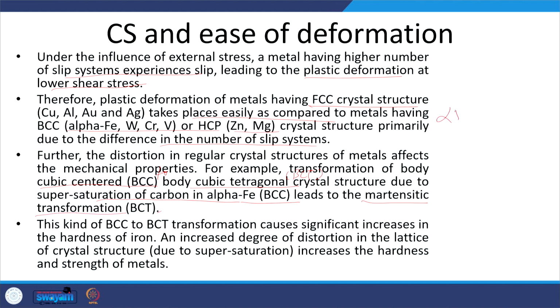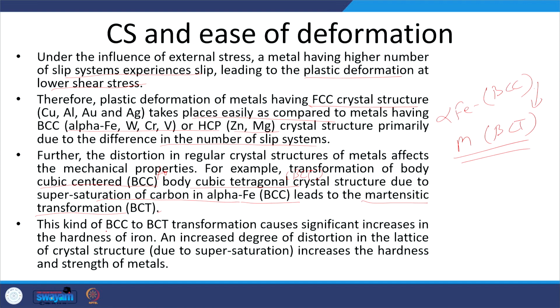So, alpha iron transformation during heat treatment, like hardening heat treatment, causes the BCC to be transformed into martensite having the BCT. This is attributed to the distortion in lattice structure from BCC to BCT.